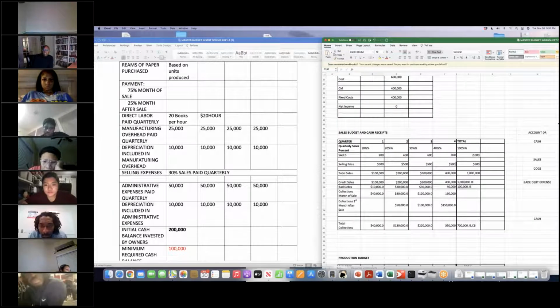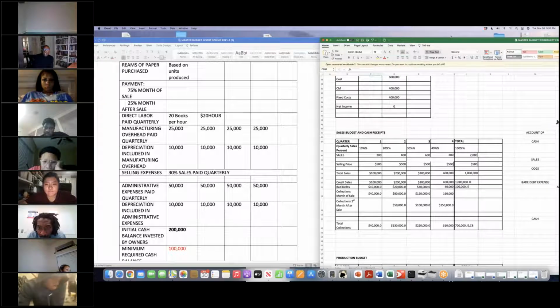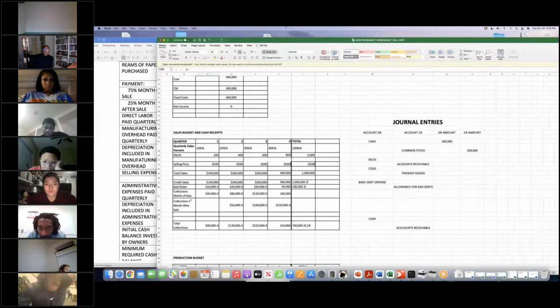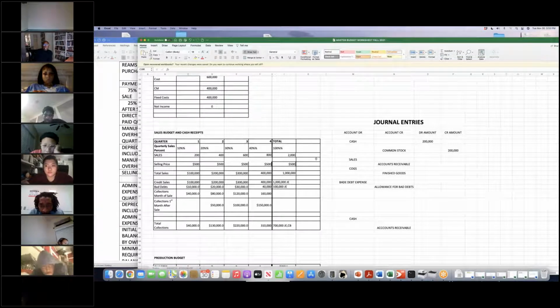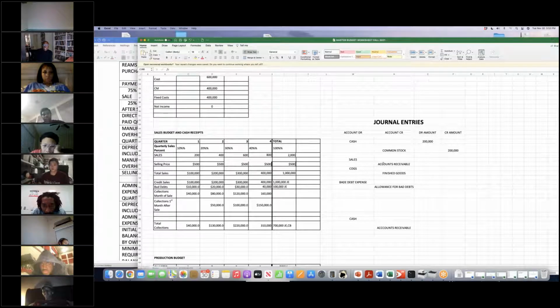So we simply moved the collections down to the cash budget. Let's see if we can finish making the journal entries we have to make to get our financial statements done. The sales were all on credit, so I think this should probably be accounts receivable.